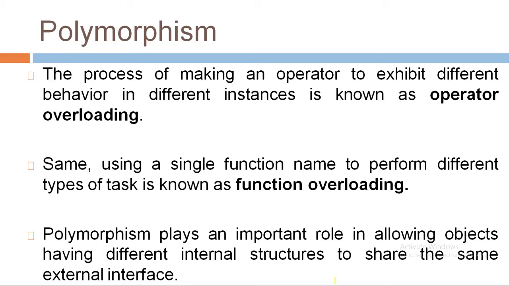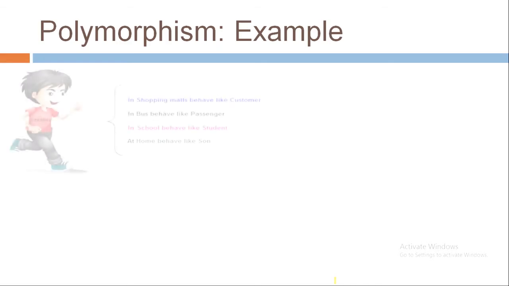The process of making an operator behave in different forms in different instances is known as operator overloading. In the same way, using a single function name to perform different tasks is known as function overloading. So operator overloading and function overloading are the two types of polymorphism supported in object-oriented programs. Let's see an example of polymorphism.